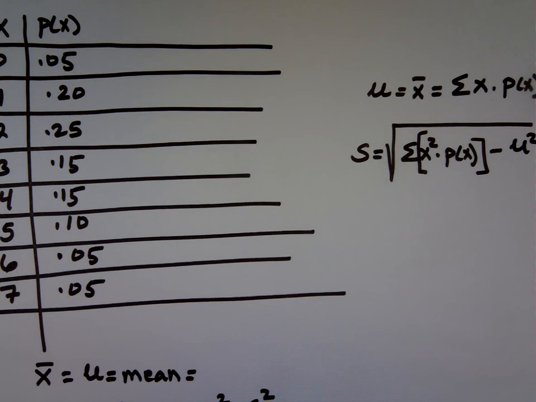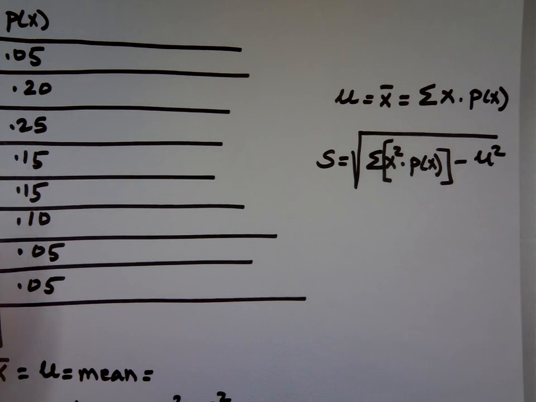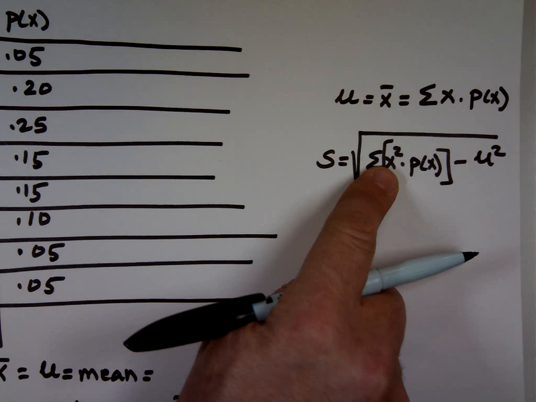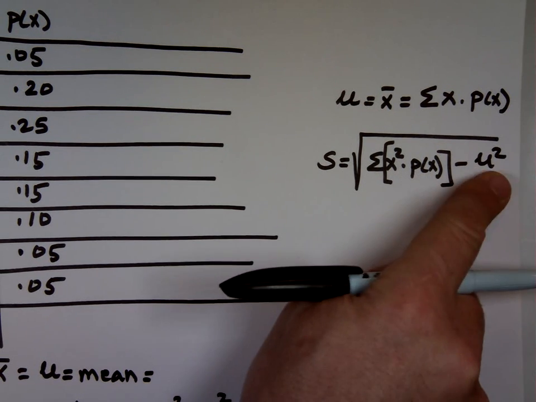Those are the equations we're going to be using. So Joe can see them. Here we go. The average is the sum of x times P of x. And the standard deviation is the sum of x squared times P of x minus mu squared. We take the square root of that.